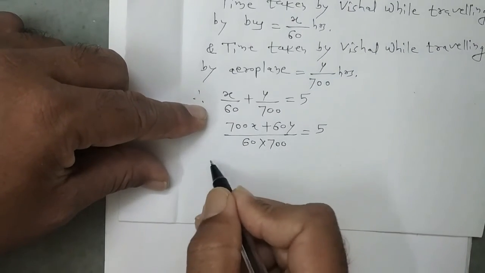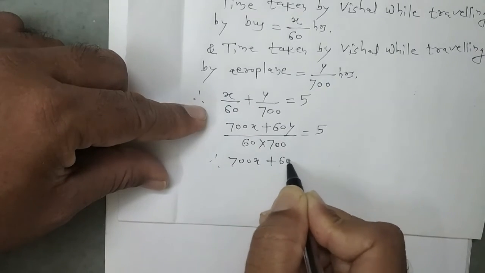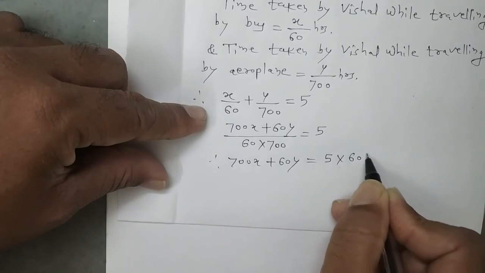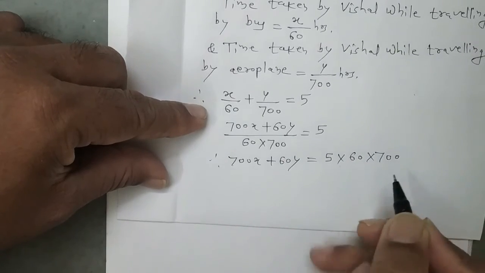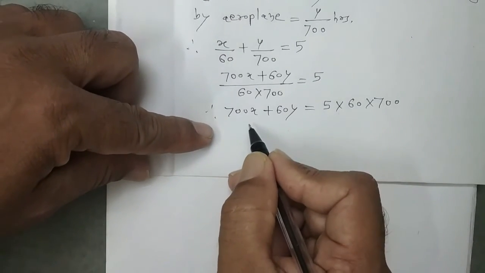Therefore 700x plus 60y is equal to 5 into 60 into 700. Now here the common factor is 20.